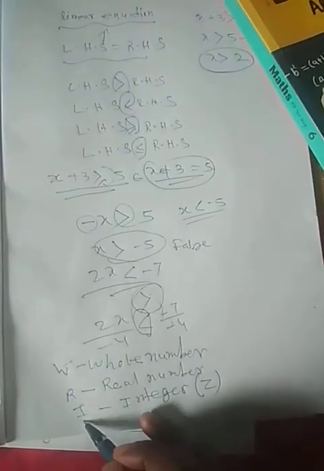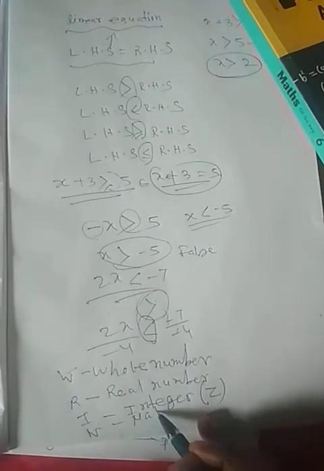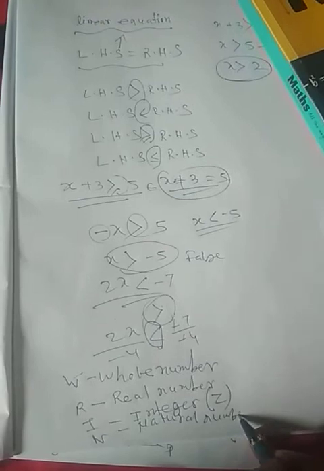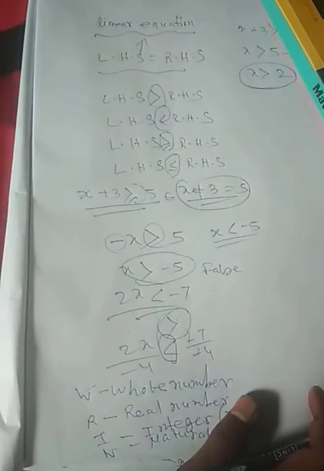N for natural number. Now we are going to solve the exercise. That is the basic thing you have to know about linear inequation. If you understand these things, the maths are easy.